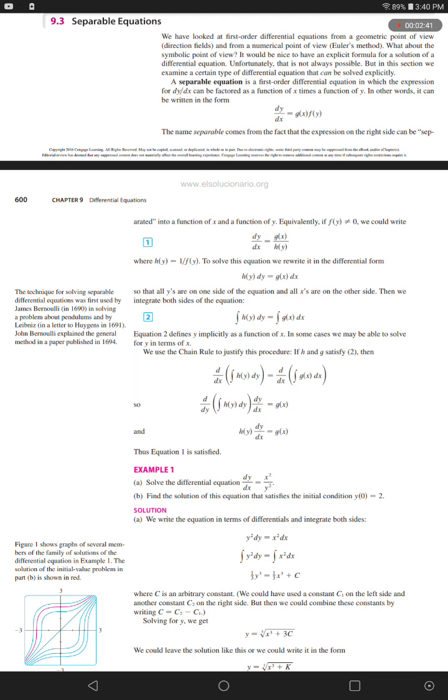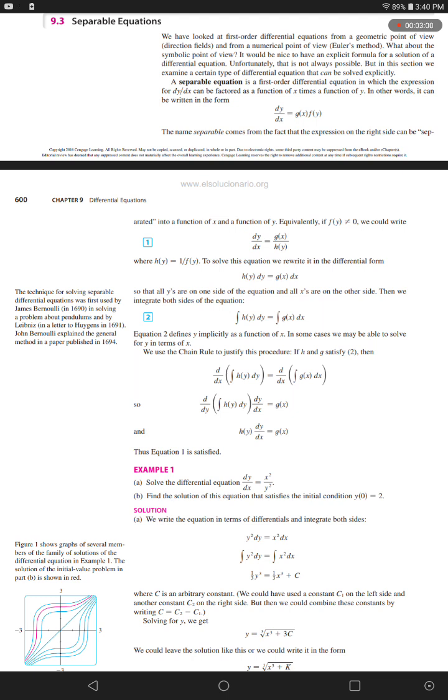Equation 2 defines y implicitly as a function of x. In some cases, we may be able to solve for y in terms of x. We use the chain rule to justify this procedure.